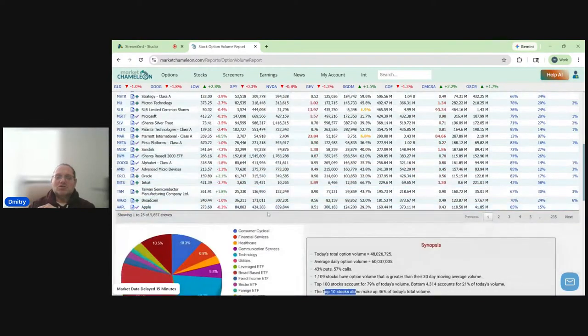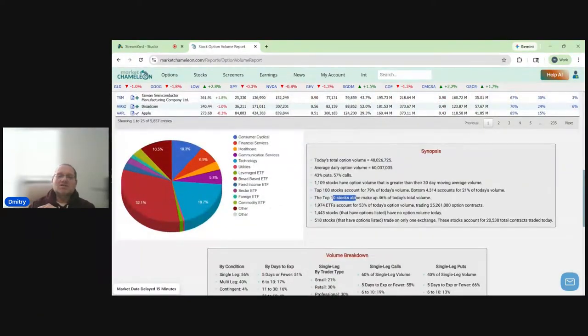And this tells us here that the top 10 stocks made up 46% of the total option volume traded. So there's a big concentration of volume in the top 10. And if we go to the top 100, it goes from 46% for the top 10 to 79% for the top 100.